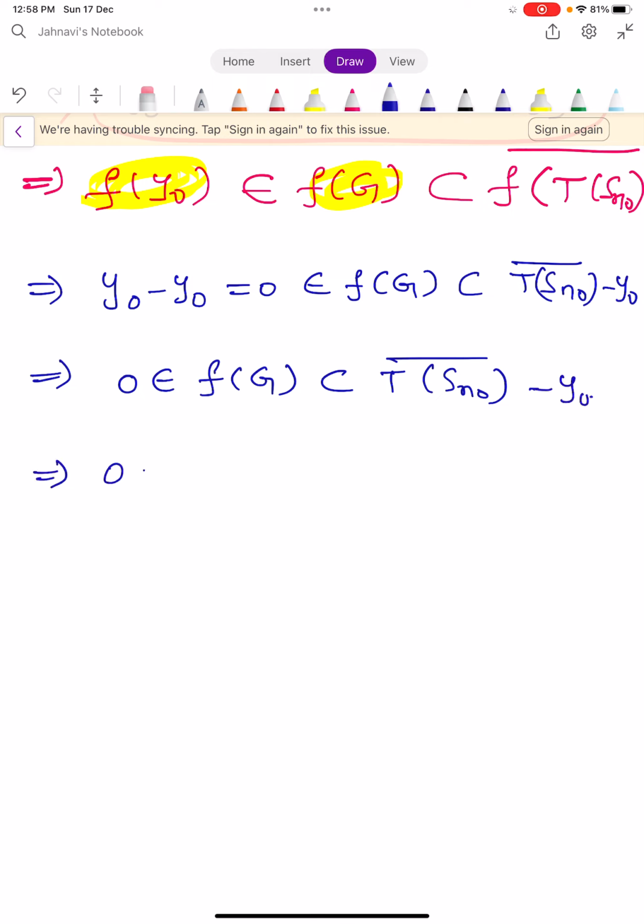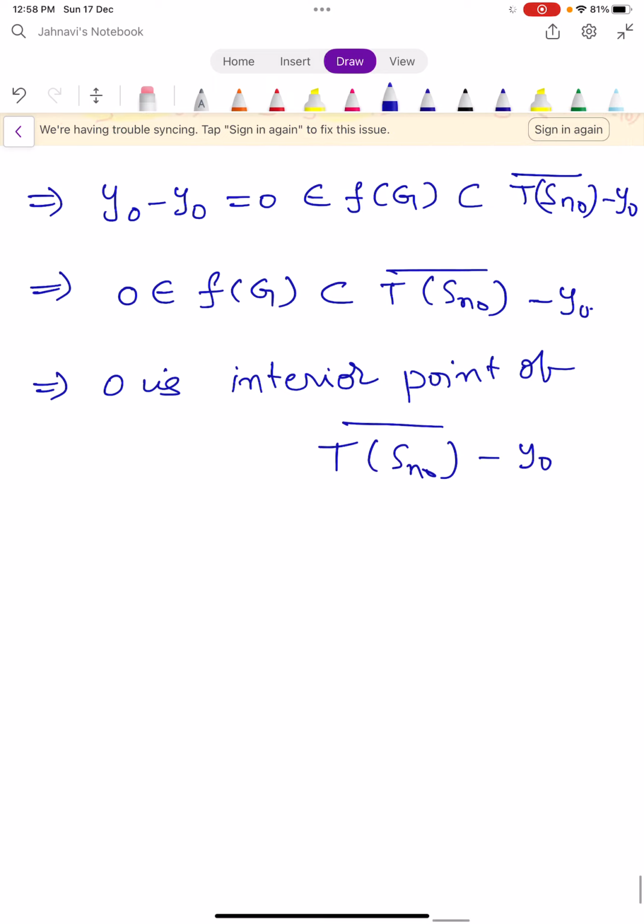This shows 0 is an interior point of T(S_n0 bar) minus y naught.